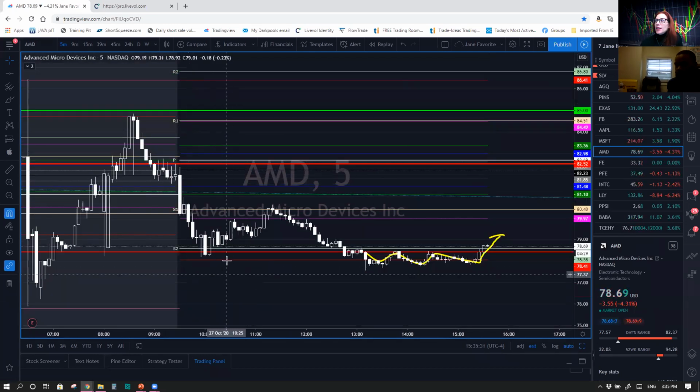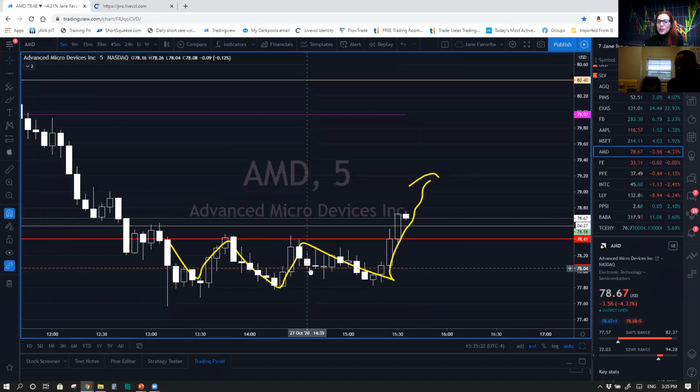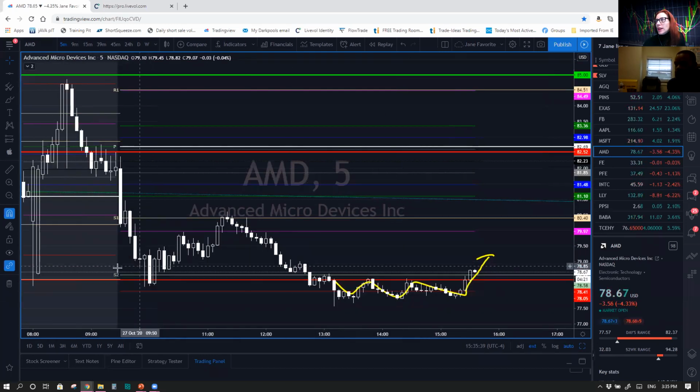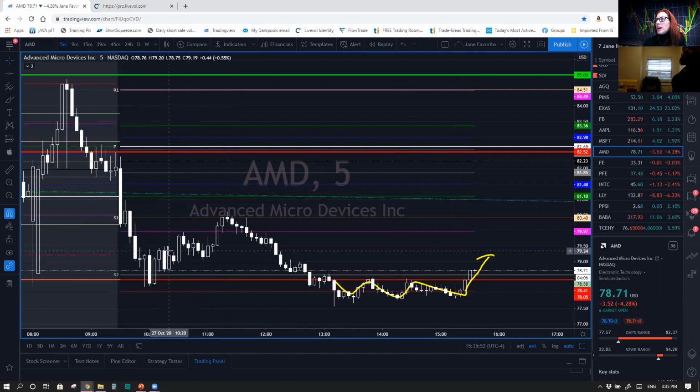This is a Camarilla, but we'll do it more when we do our charting. As long as it holds right here, next target is roughly 79.97. As long as it can break 79, 79.50, you see how those also held as resistance and support over here. So we have 79, 79.50 right here, and then 79.97.